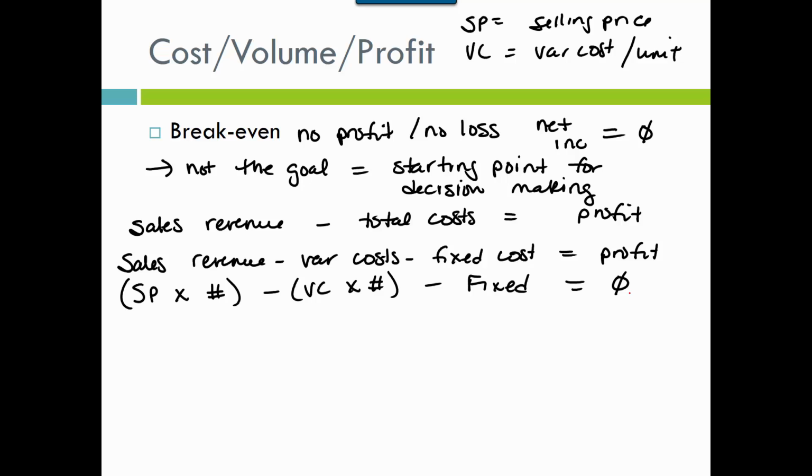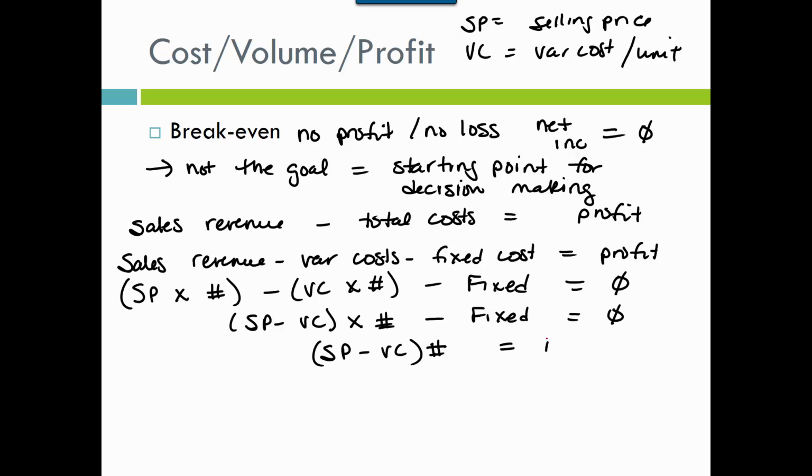So now I can use the magic of algebra to kind of rewrite this, right? And so I can say the selling price minus the variable cost times the number I produce minus my fixed costs equals 0. I can rewrite that. Selling price minus variable cost times the number. I subtract fixed costs from both sides.